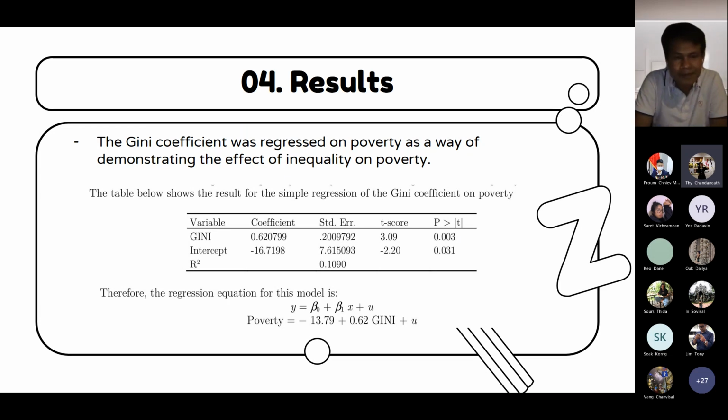Due to the simple linear regression model assumption, the result obtained by this model may be biased, as long as there is another variable. Next slide, please.